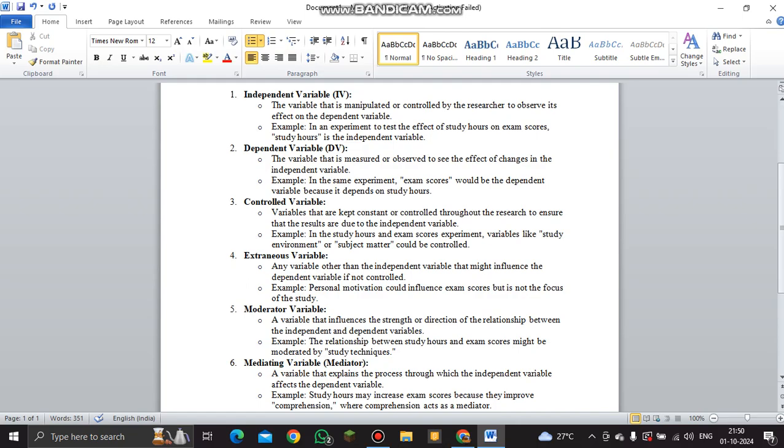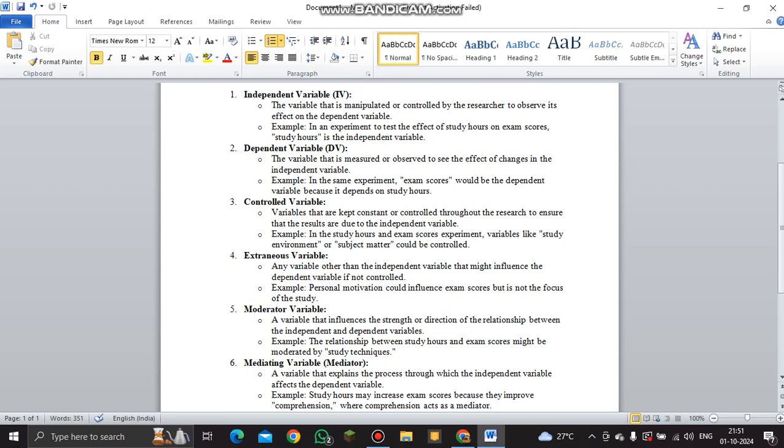So friends, basically extra noise variables are those variables which can influence the dependent variable if they are not controlled. For example, personal motivation could influence exam scores but is not the focus of the study.